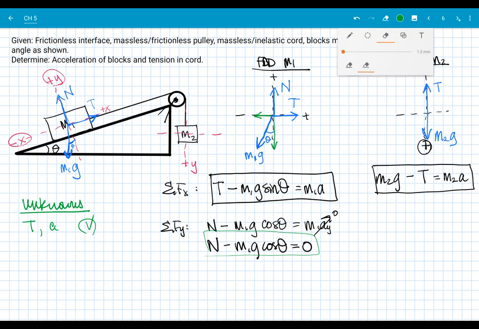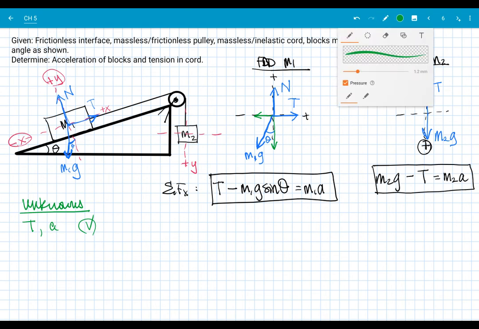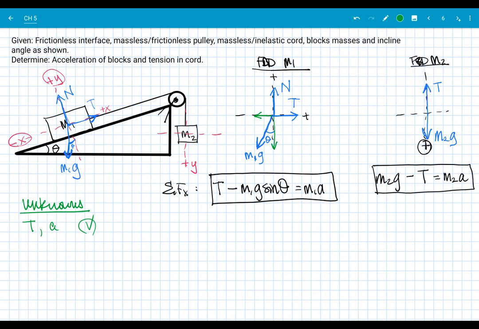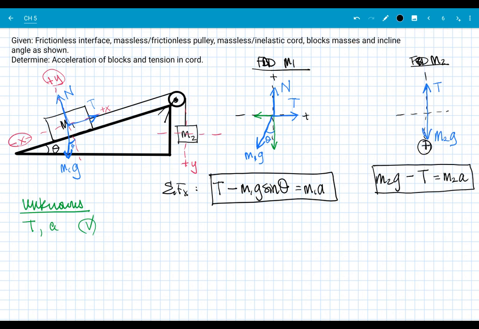So actually what I'm going to do is go ahead and get rid of these here. It's kind of good practice to do it, but it's not something that we're going to use for our analysis for this problem. So we have two equations and two unknowns. I know now that I can find the acceleration. I'm going to leave the algebra to you.